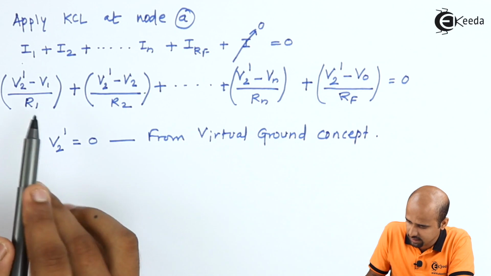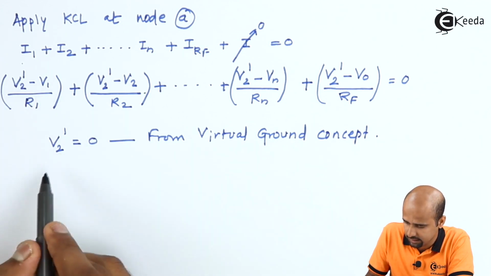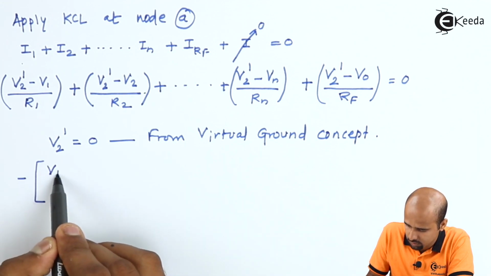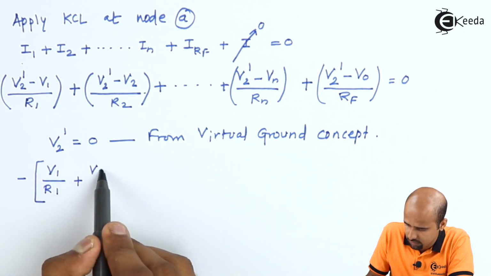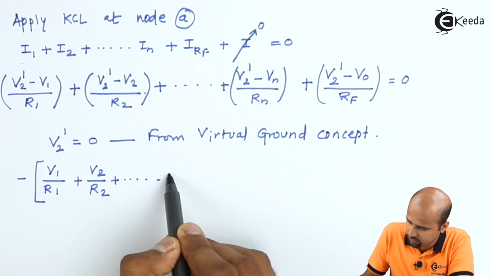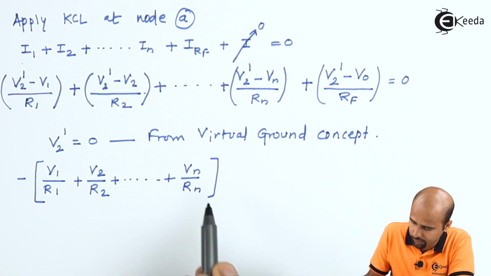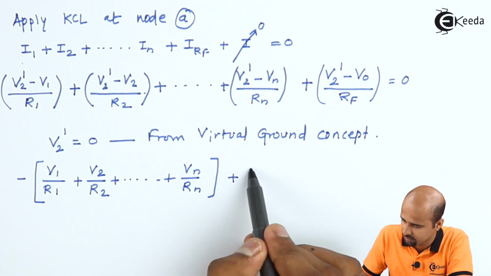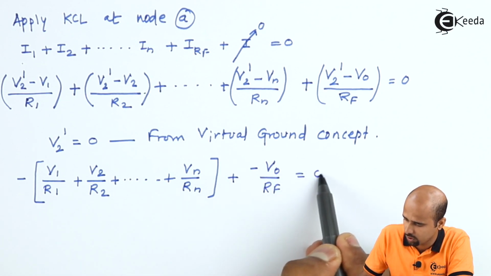If we take this minus sign outside, very easily we get V1 divided by R1 plus V2 divided by R2, and so on, Vn divided by Rn, and this is nothing but minus VO divided by RF is equal to 0.